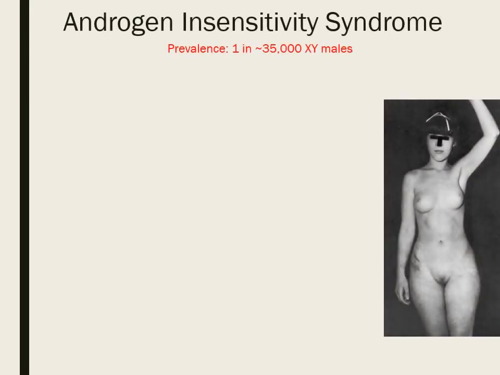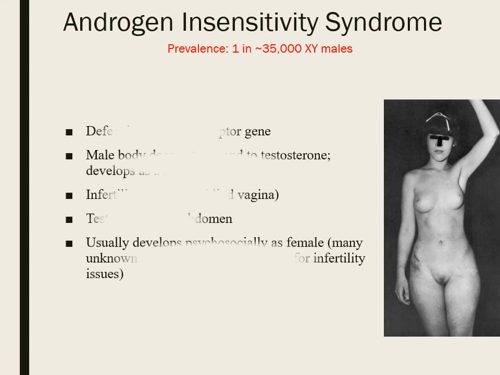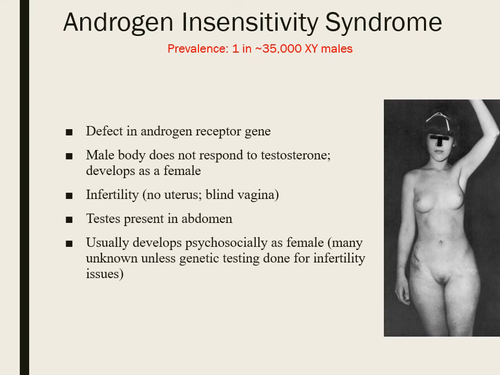The way in which an XY male can look phenotypically female is something called androgen insensitivity syndrome. The prevalence is around 1 in 35,000, so it's very rare. You would have to go to maybe 10 college campuses in order to find someone with androgen insensitivity syndrome. The interesting thing about this syndrome is that usually the people don't know that they have it, and they develop fairly normally as a female.